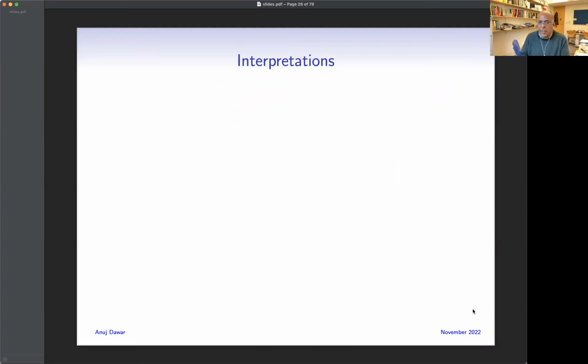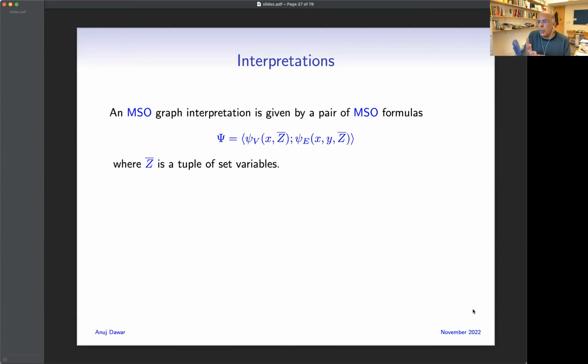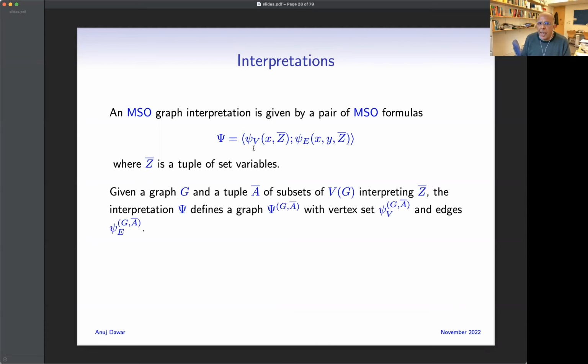Now, the other key notion I want to introduce is that of an interpretation. So an interpretation is a way of defining a function, or really a relation between pairs of graphs using MSO formulas. So the idea is that I have a pair of formulas, psi v and psi e, I call them, and given a graph and an interpretation for the free variables, and I can safely assume the free variables are all set variables, it doesn't hurt.